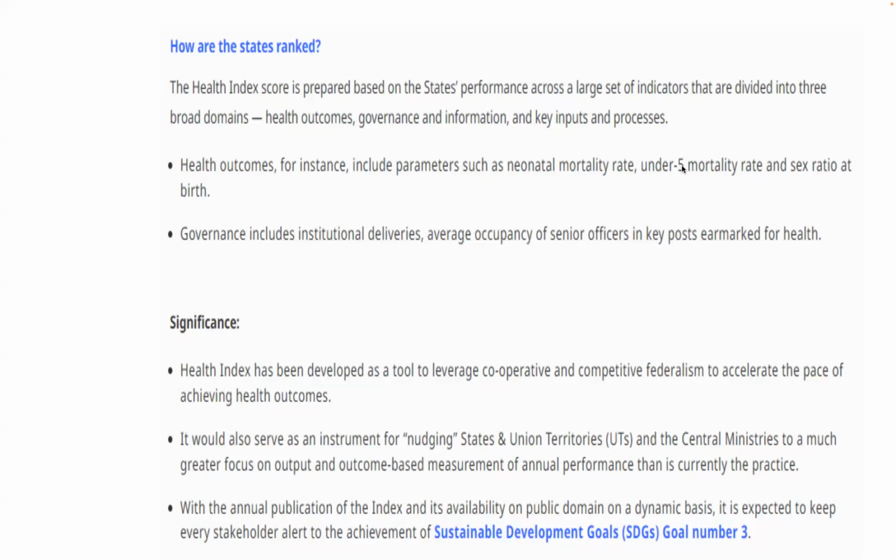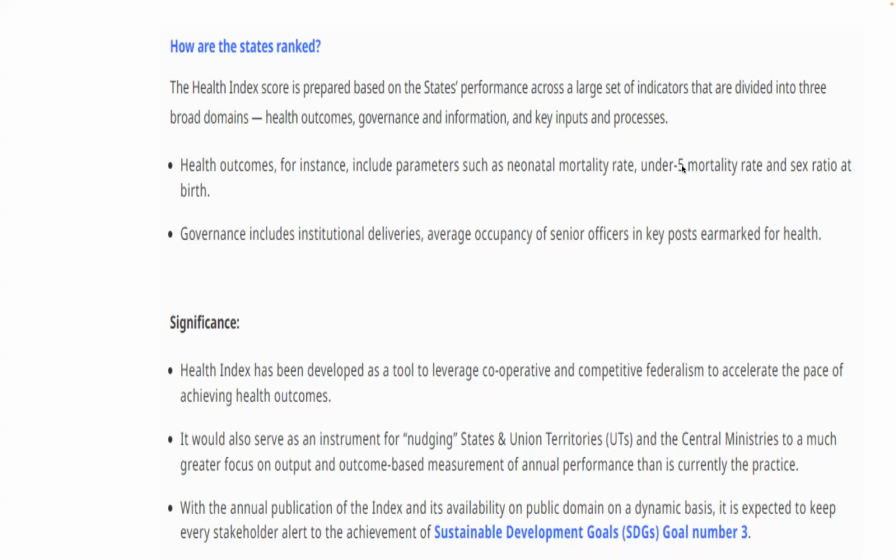Because unless management is in place, people will not be working. So this is more specifically how best we are utilizing our highly trained officials, highly trained human resource, whenever we are talking about the health index or the governance model.